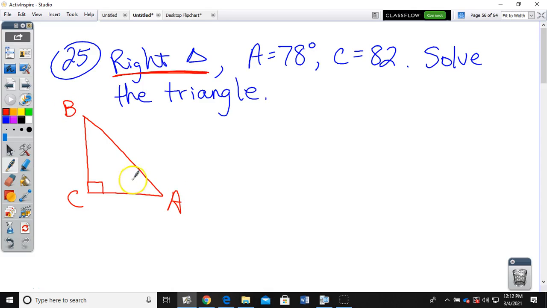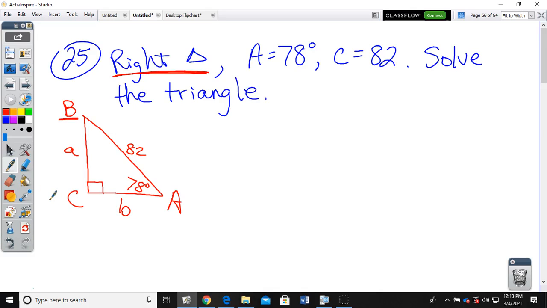It tells me that A is 78 degrees, little c is 82, and I want to solve the triangle, okay? So again, solve the triangle just means find all what? All the missing parts, okay? So I'm missing angle B, I'm missing side A, and I'm missing side B, excuse me. Okay?